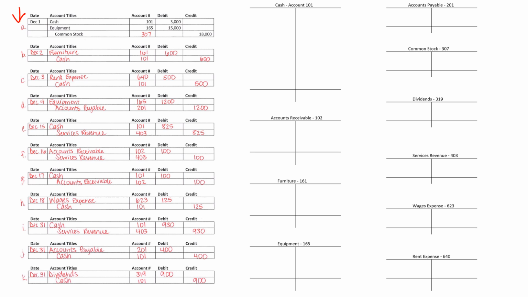We look and see what's affected. First, the cash account is being affected. So we are debiting cash $3,000. The next thing is equipment. Equipment is being debited $15,000. And then common stock is being credited $18,000.